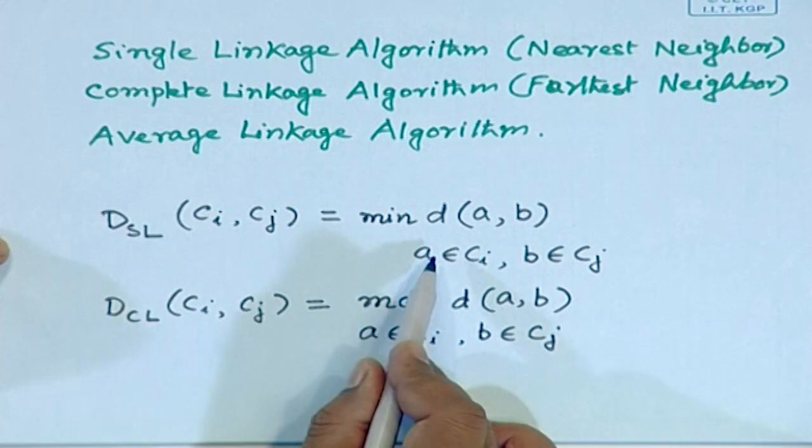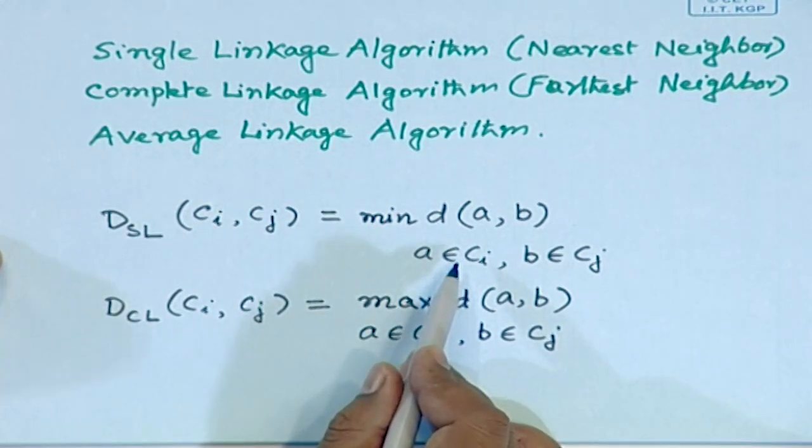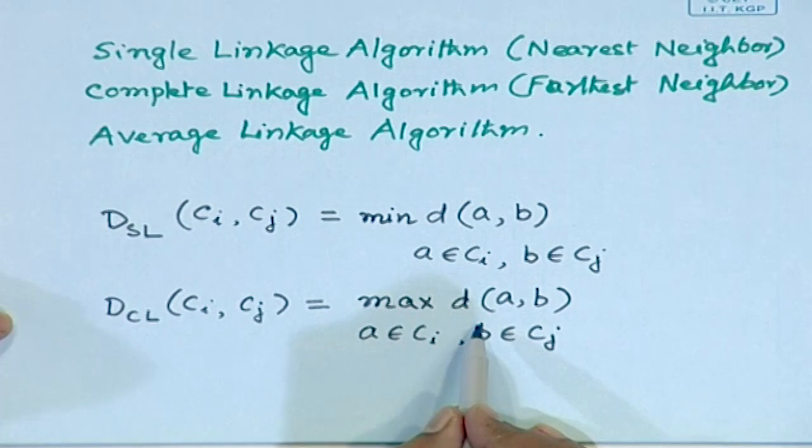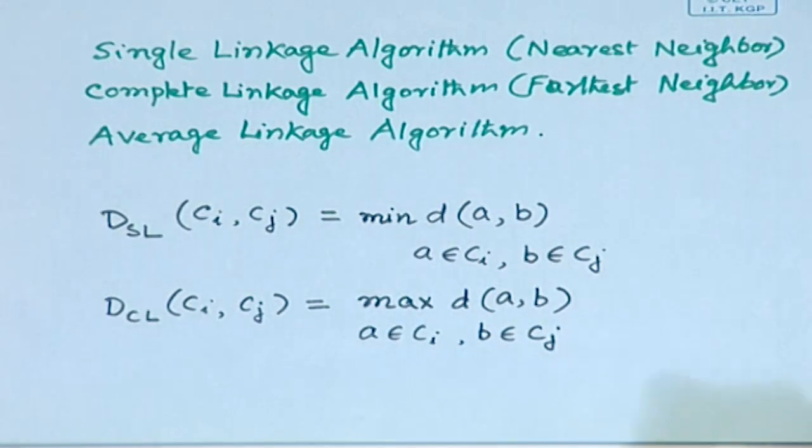So, in case of single linkage, it is the minimum distance. In case of complete linkage, it is the maximum distance. That means I have to consider the farthest pair of feature vectors, with one feature vector from cluster Ci and the other from cluster Cj.